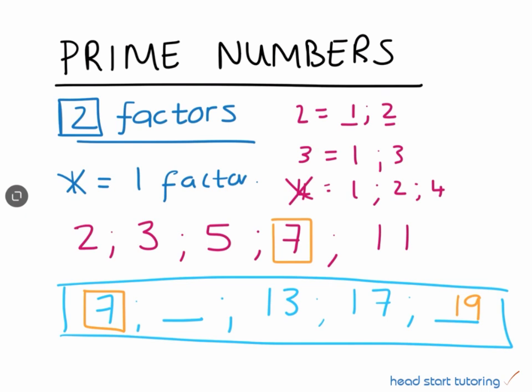So if we plug in the next prime number here, that would be 11. 7, then 11. 12 is not a prime number, so that works out well.